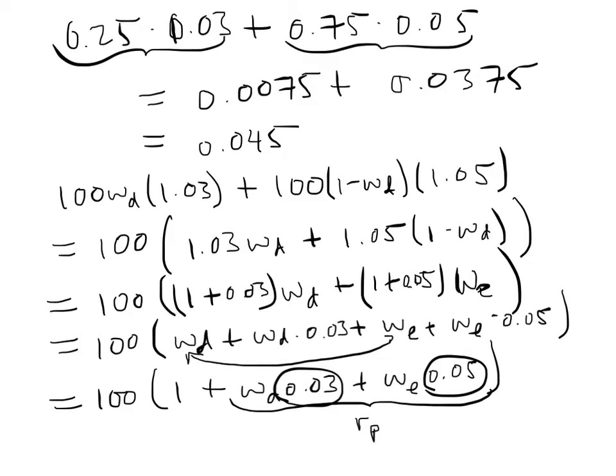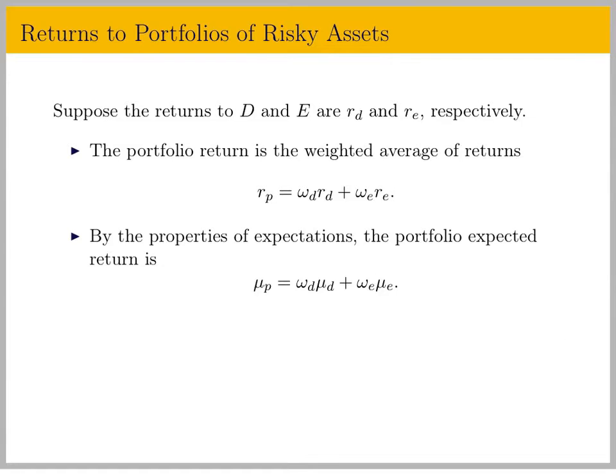So that should convince you that, in fact, when I invest my money in a weighted sense into these two assets, D and E, the net return on my money should be just a weighted average of those two returns.